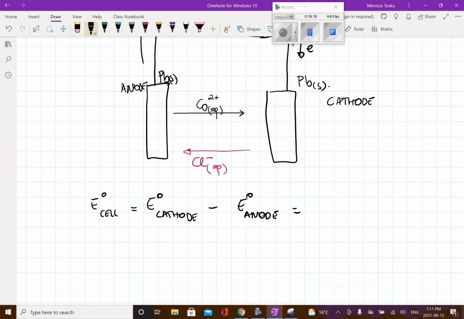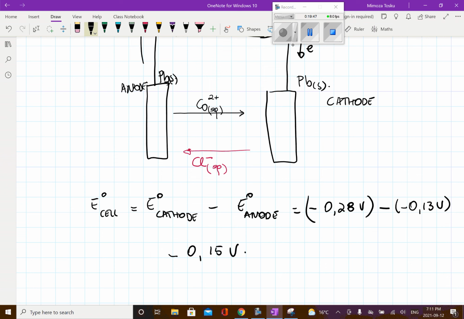And using the information on page 7, you will find that it is negative 0.28 volts for cathode minus negative 0.13 volts for anode, which gives you a number of negative 0.15 volts.